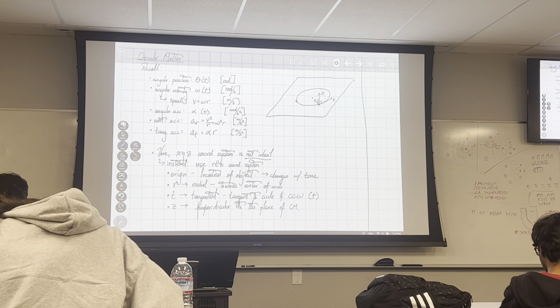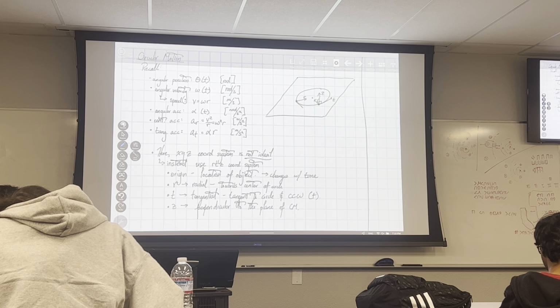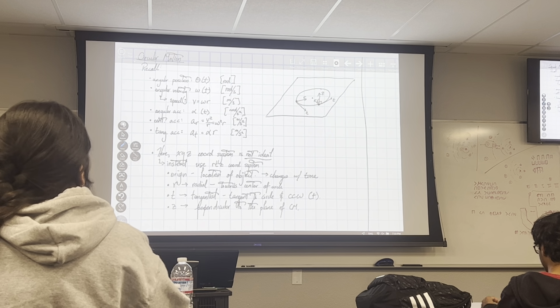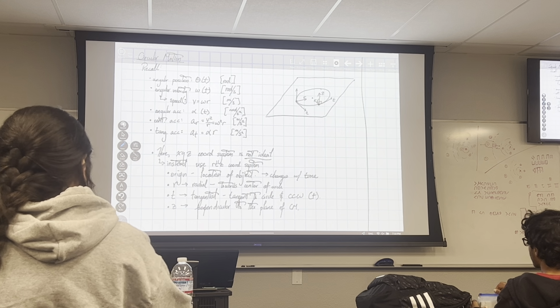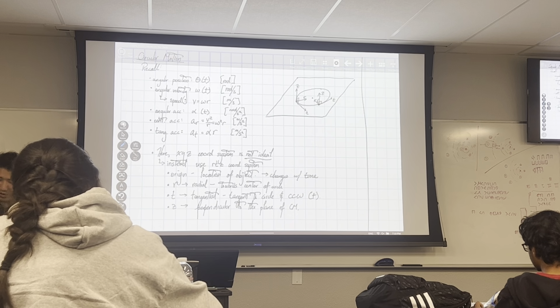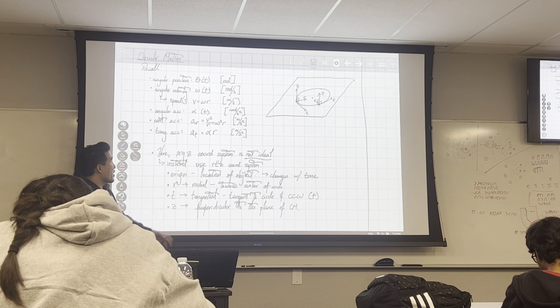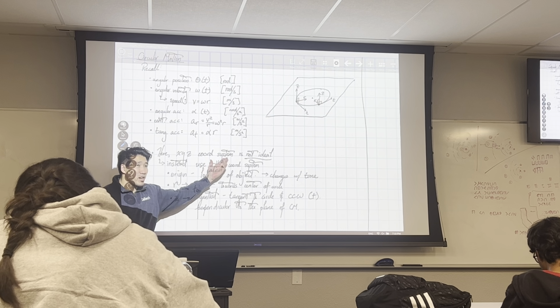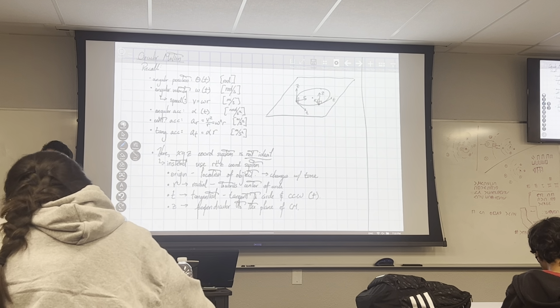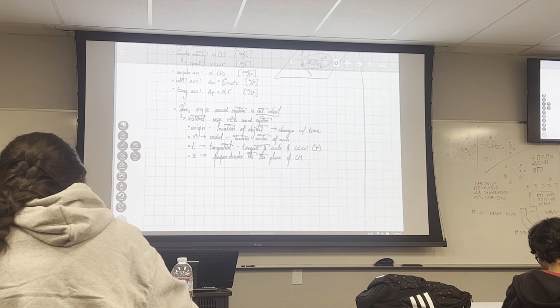Let's say if the particle was over here, this would be the R, this would be the T, and that would be the Z. That's the right angle. So the RTZ coordinate system is much, much better to use than the X, Y, and Z. Except, you guys don't believe me yet.